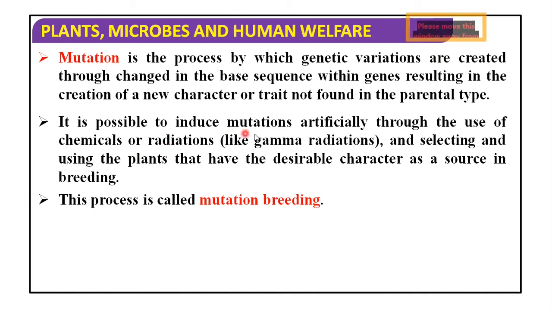It is possible to induce a mutation artificially through the use of chemicals or radiation. Means we can produce it naturally, and also artificially by using chemicals and radiation like gamma radiation, and select and use the plant that has the desirable character as a source in breeding. This process is called mutation breeding.